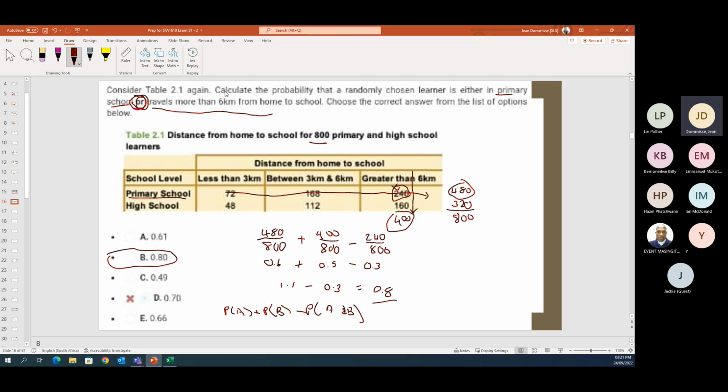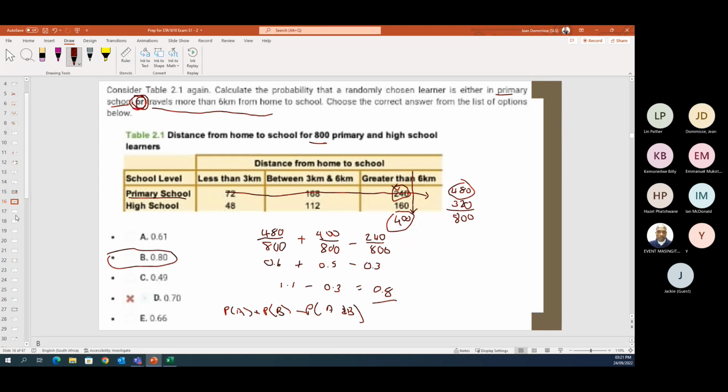If I say calculate the probability that a randomly chosen learner is in primary school and travels, then you just look at the and. So it could be that is how they change it in the exam, or they say less than 3 kilometers for primary school or something like that.